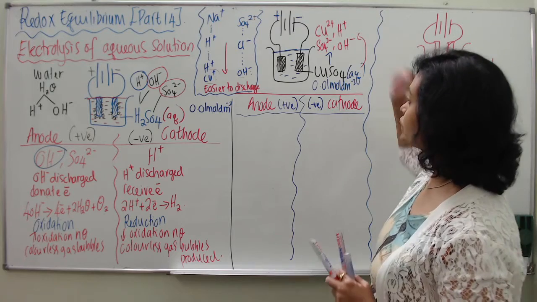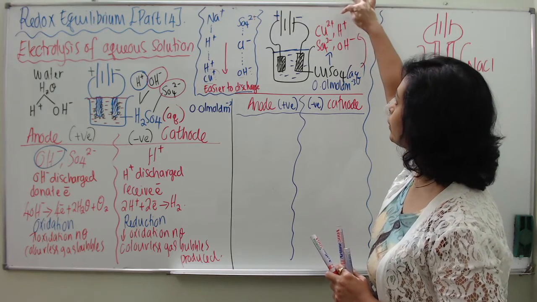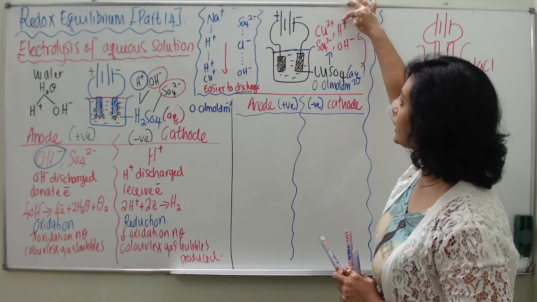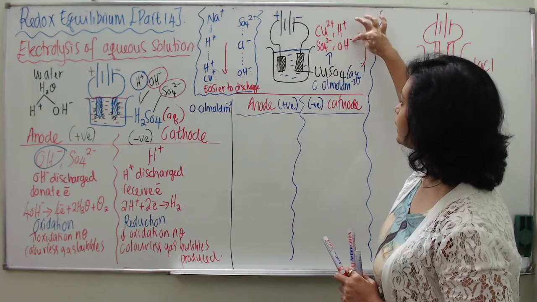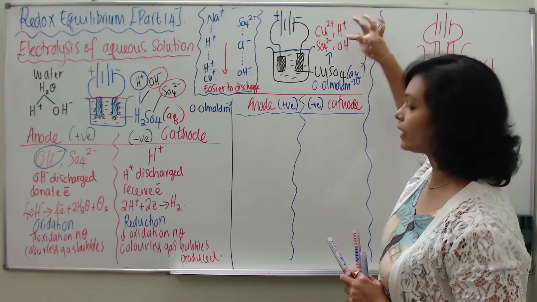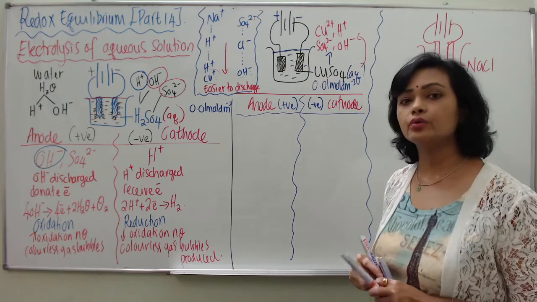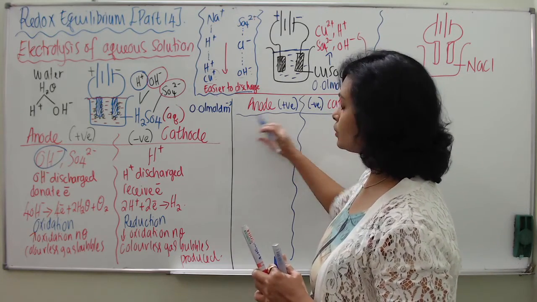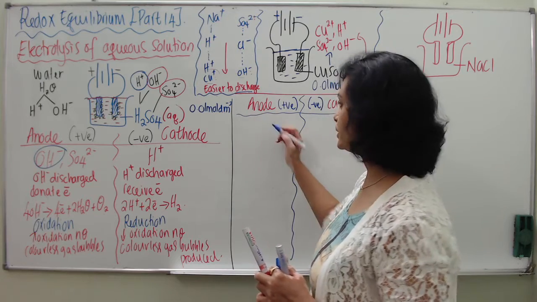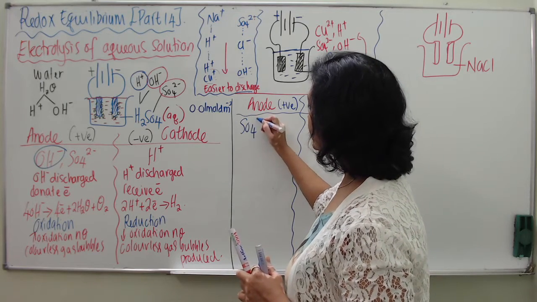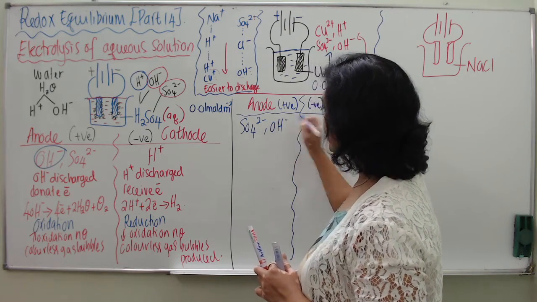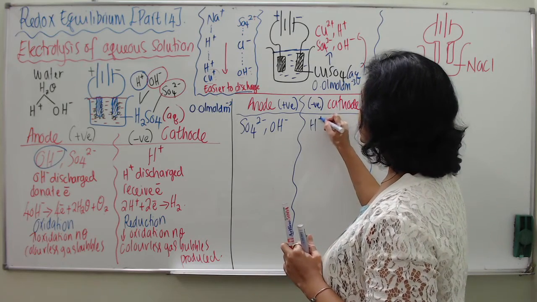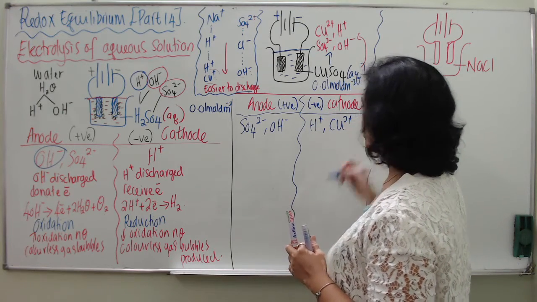Okay, so now I want students to understand copper 2 ion and hydrogen ion as cations, sulfate ion and hydroxide ion as anions, will be broken into constituents, and they will go and collect themselves here. So sulfate ion and hydroxide ion here first, hydrogen ion and copper 2 ion there.